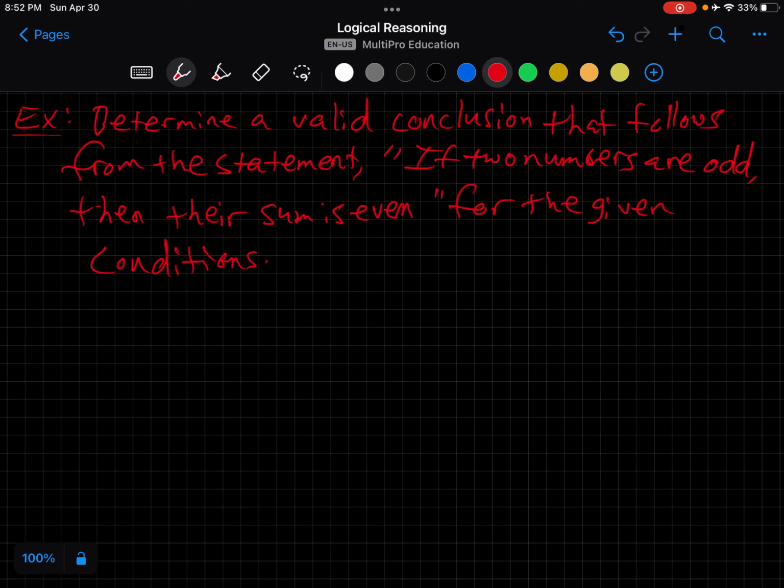So if this is possible, we want to determine if there's a valid conclusion. All right, so let's look at part A.